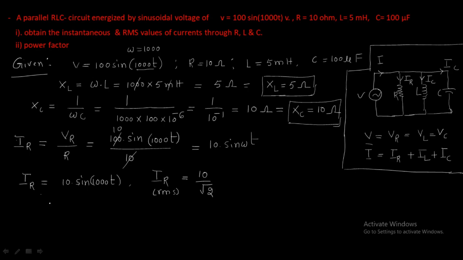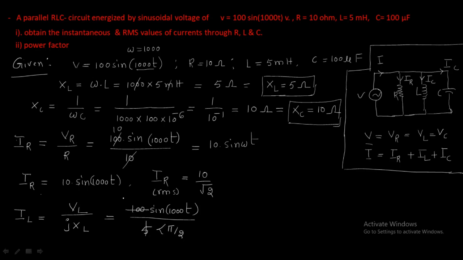Now we will find the inductive instantaneous current and RMS current. Inductive current equals inductance voltage by inductive reactance. The inductance voltage is nothing but this supply voltage, so that is 100 sine 1000 t by jXL, which means 5 at an angle of pi by 2.